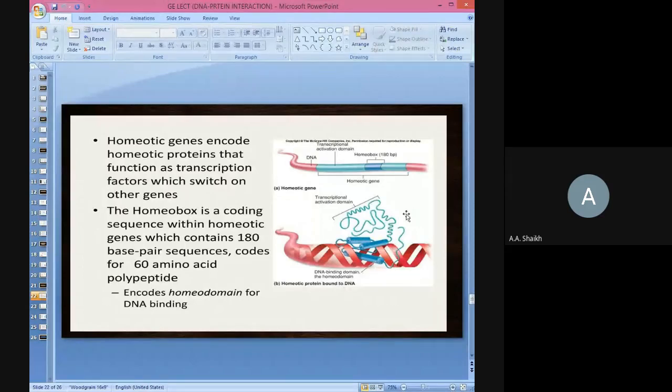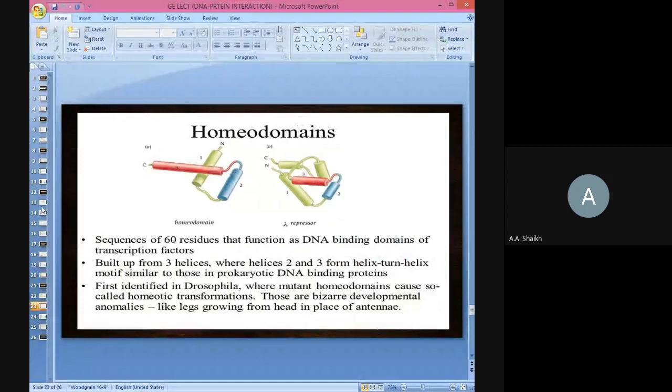So this is how the homeodomain interacts with the DNA binding region, with its properties and interaction ability. This is how the complete homeotic protein gets attached to the DNA sequences. So this is the image of the homeodomain.